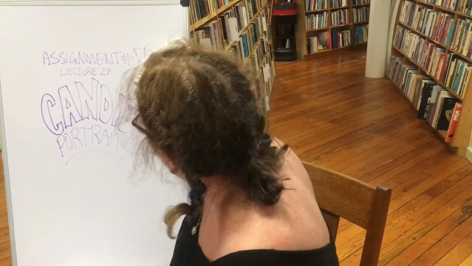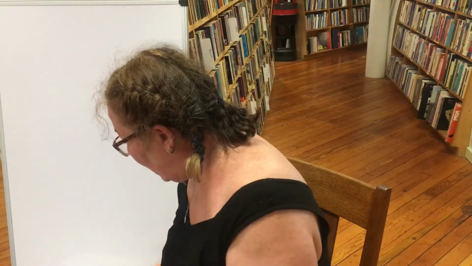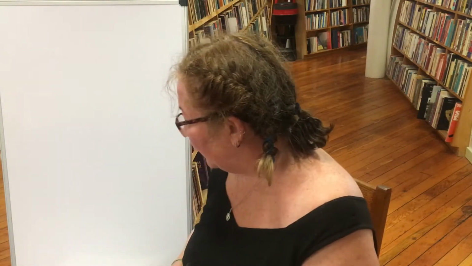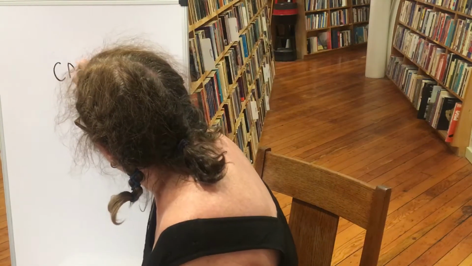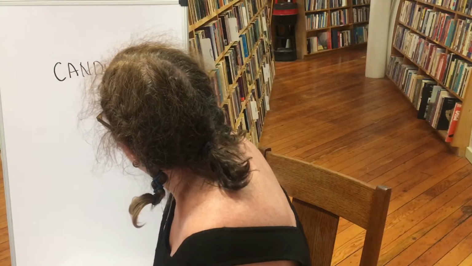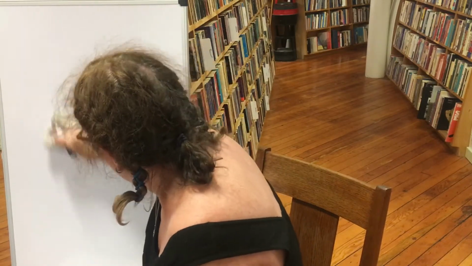So let's go ahead and we will go over really quickly how to do this candid portrait. Like I said, it's the opposite of the formal. Actually, let me write it up high here so I have room to write the other stuff I want to write.